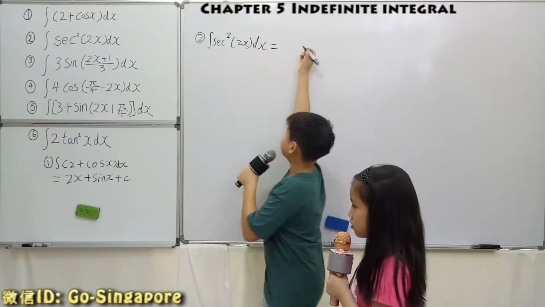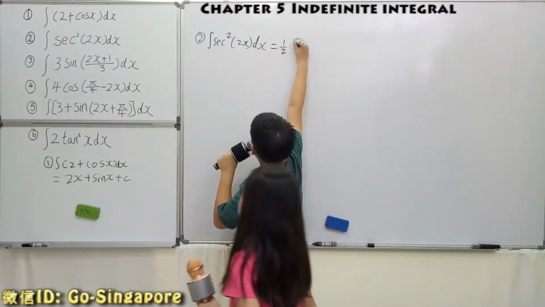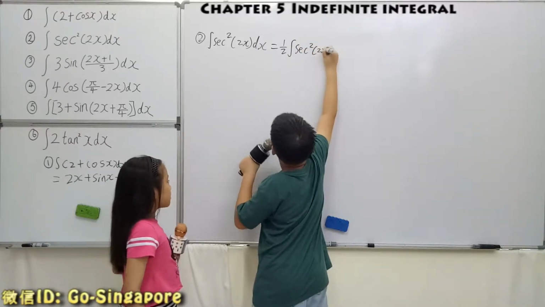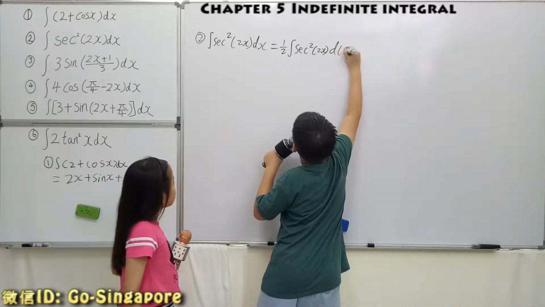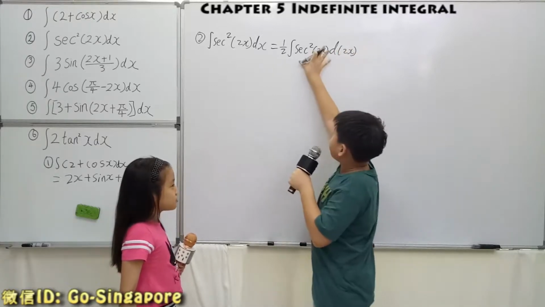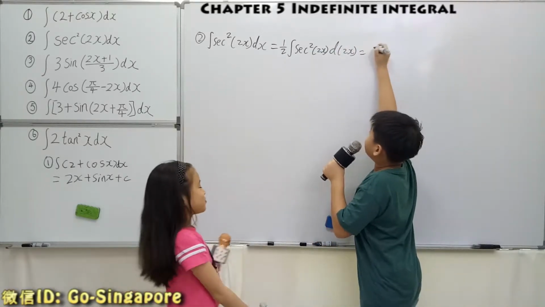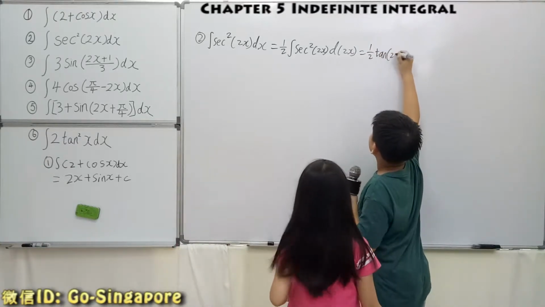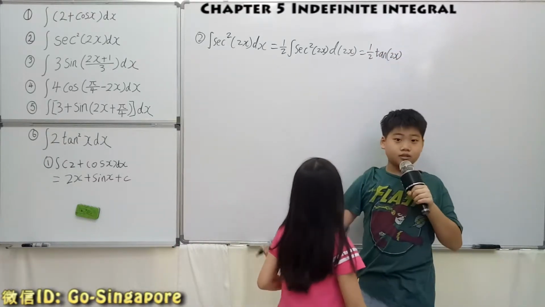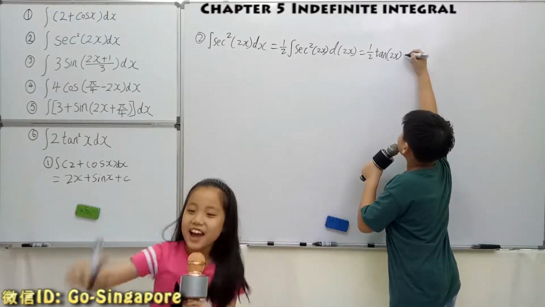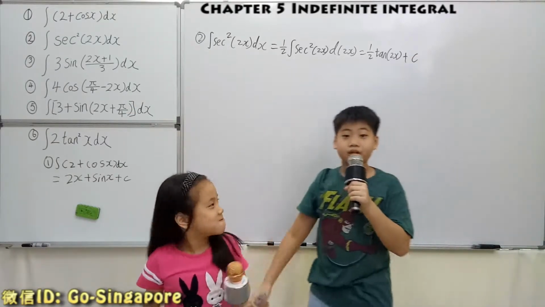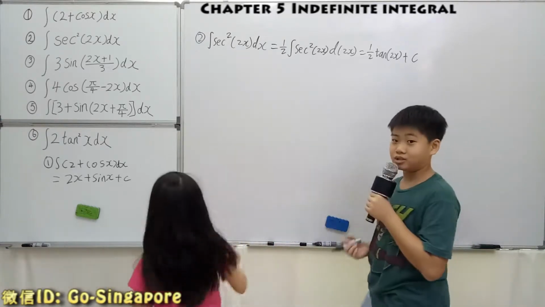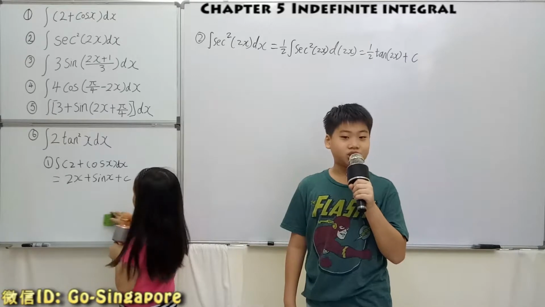So first we have this half, which becomes like this. And don't forget about the arbitrary constant. Yes. Next, on to the third question.